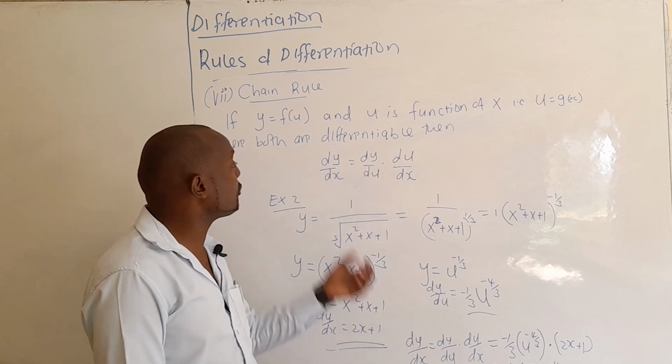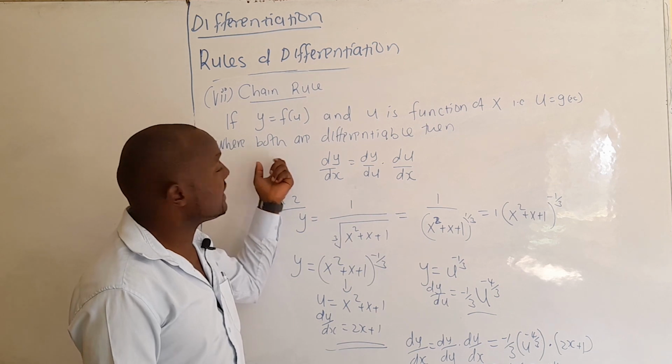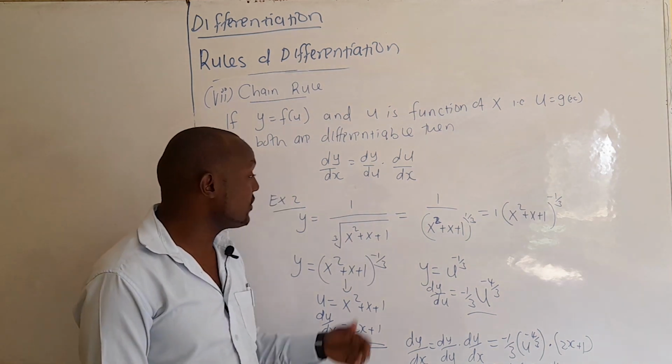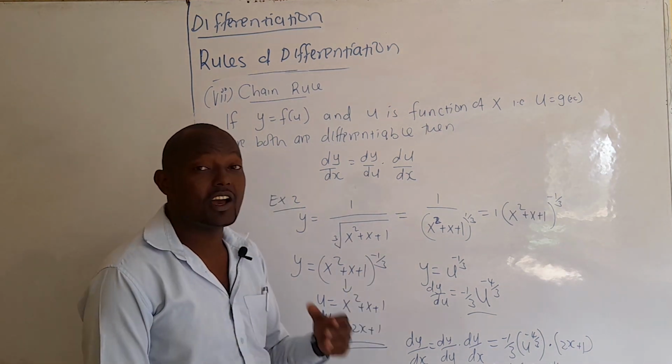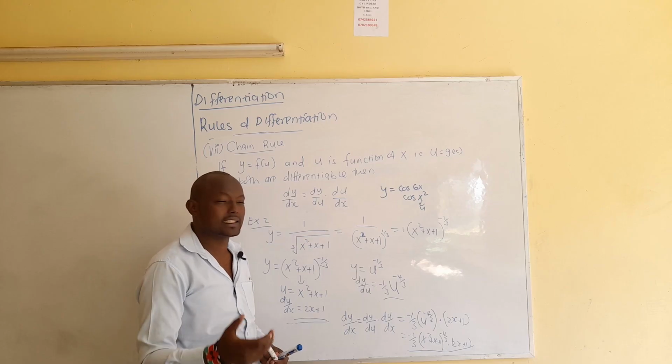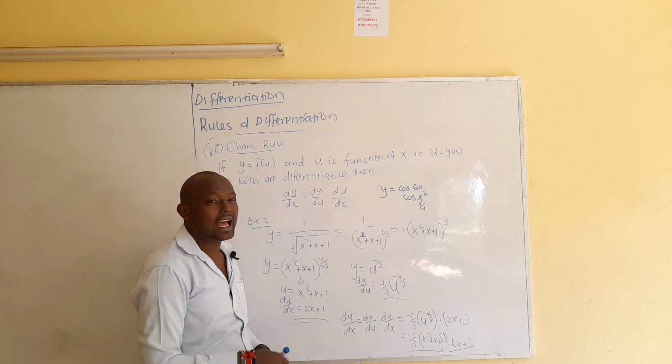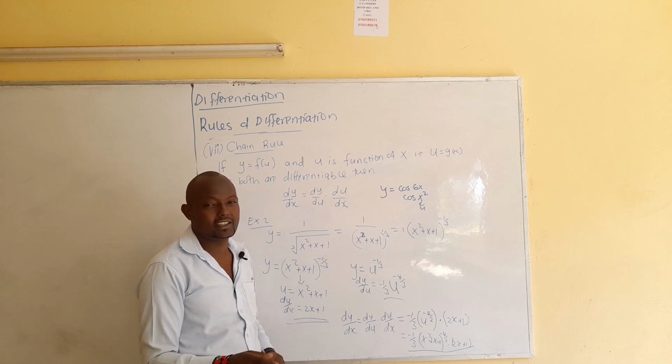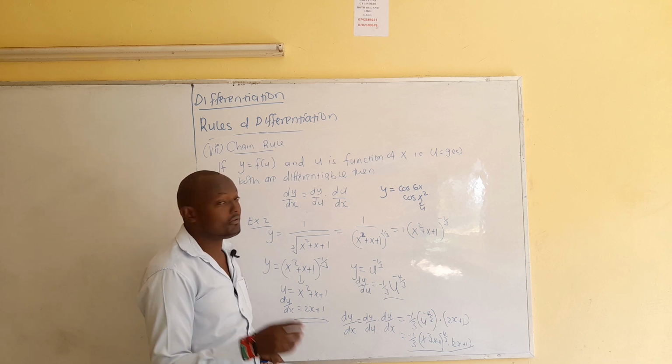We have given an example on chain rule. I know we will come across more chain rule, like a situation where we'll be solving trigonometry. In the next lesson we shall look at how to differentiate using what we call the first principle rule.